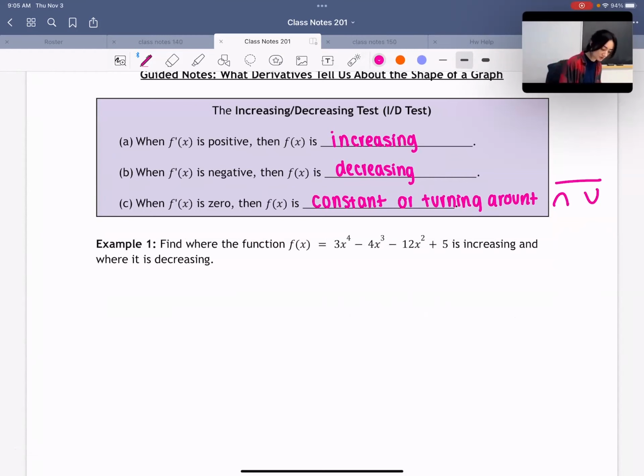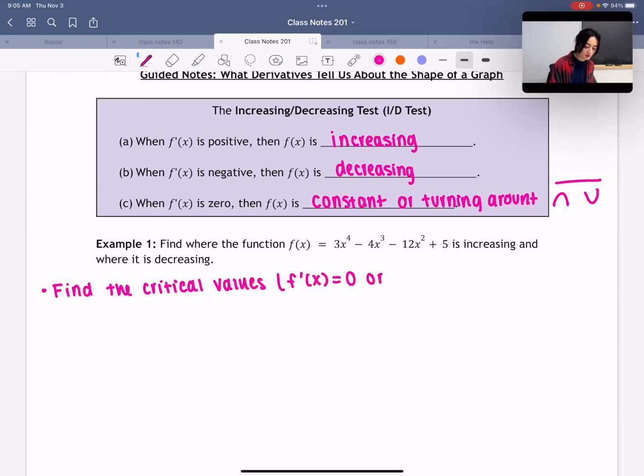And just a reminder, the critical values are where our derivative either equals 0 or doesn't exist, but the function also has to exist there, right? But f is defined.